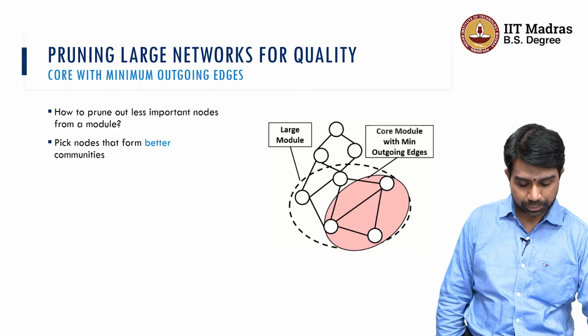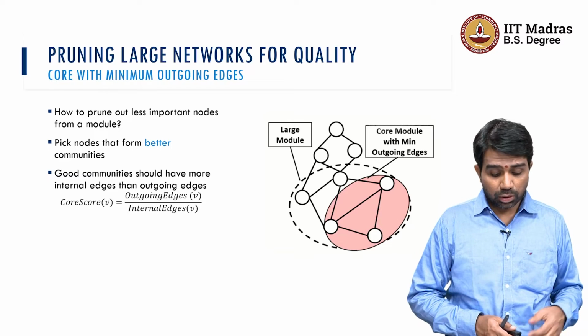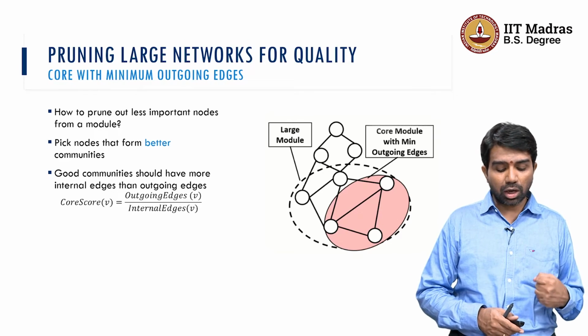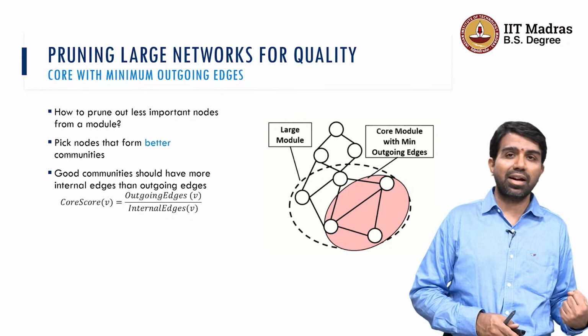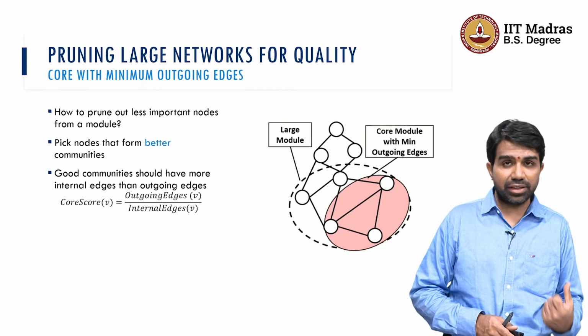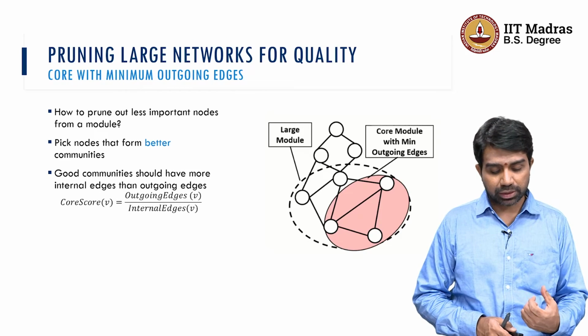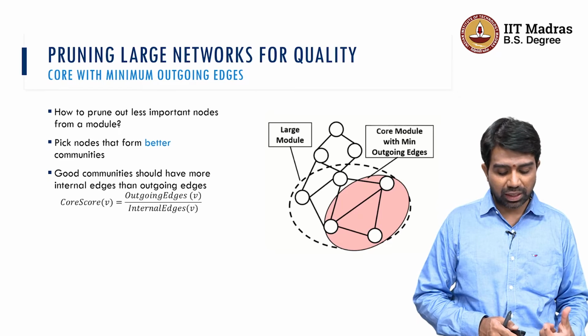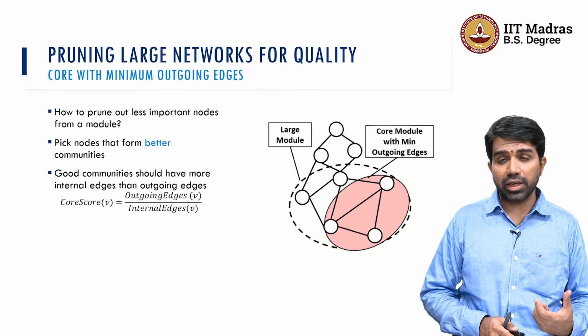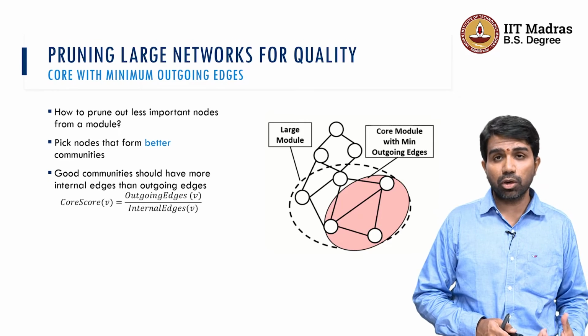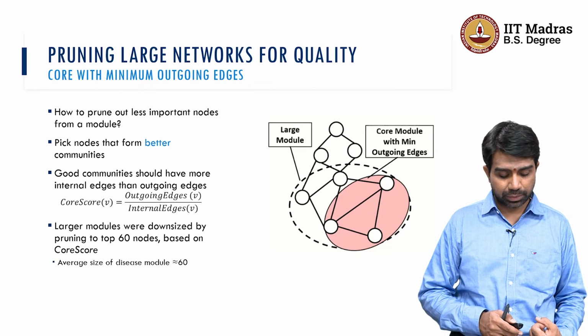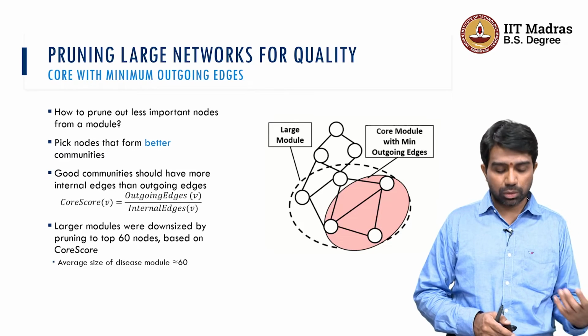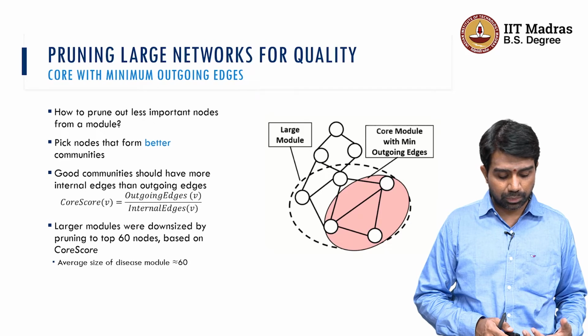How do we do this? Good communities should have a lot more internal edges, intra-edges, than inter-edges, meaning internal versus outgoing edges. So we give a core score that tries to capture the fraction of outgoing edges from a vertex relative to the number of internal edges in a vertex. And we use this to improve our community predictions.